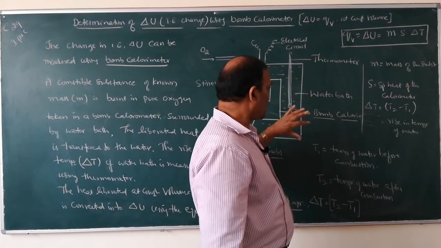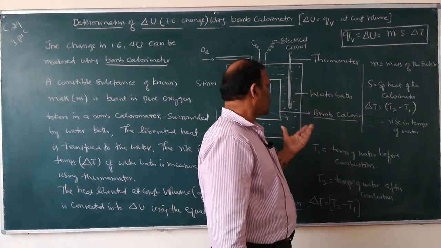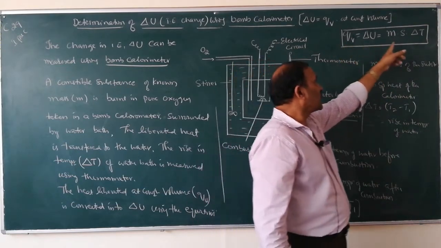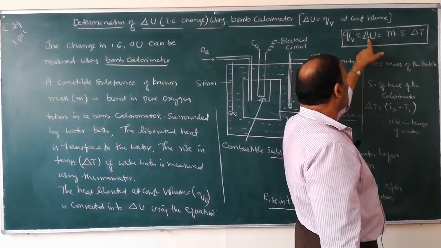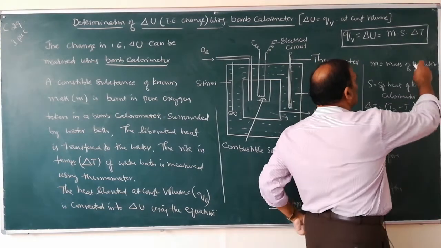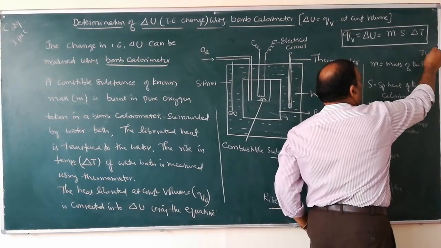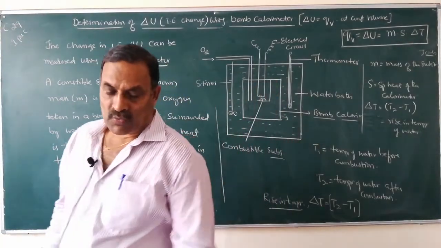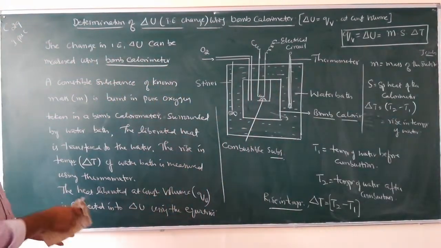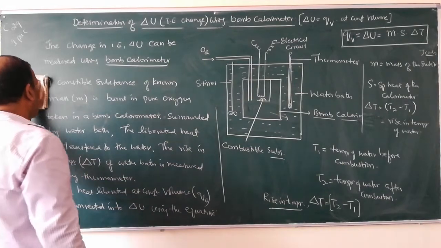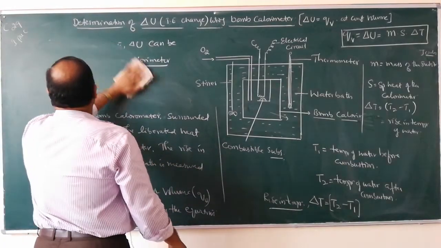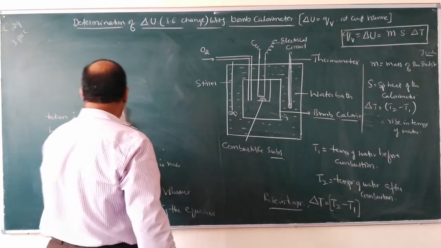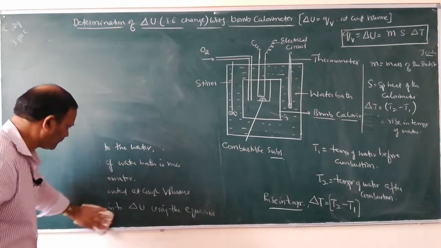If you measure T2 and T1 and subtract, you will get delta T. So substituting these in this equation, you will get delta U. So it is in joules. So this is how we can calculate internal energy change of a reaction.